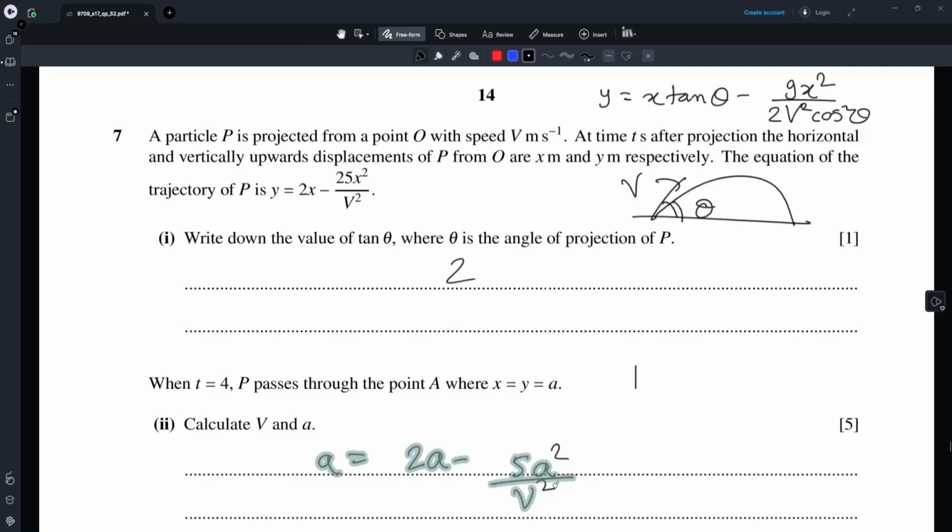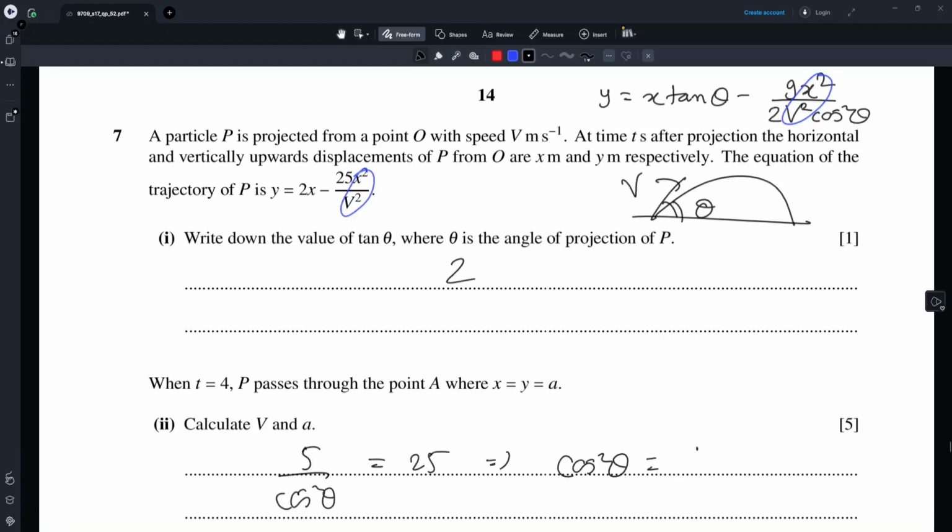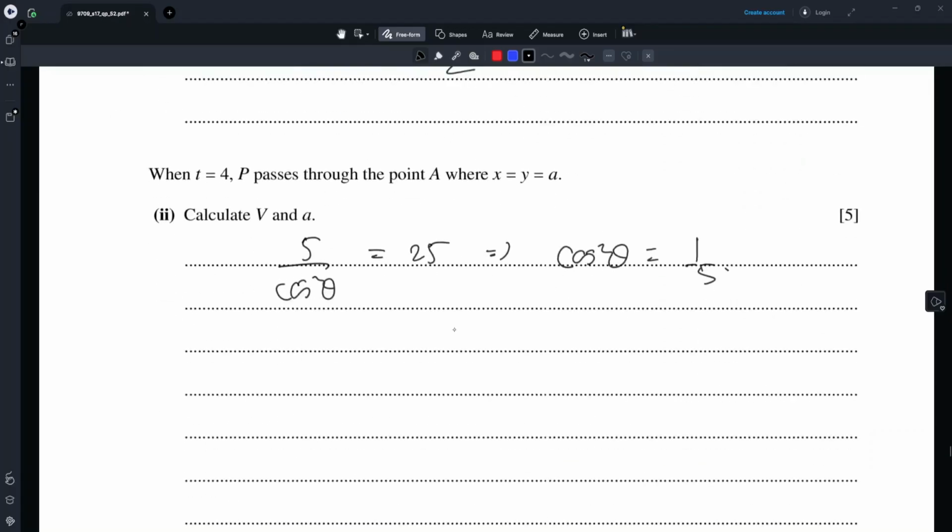If we rewrite this, we have x squared and b squared together. So g by 2 cos squared theta, or 10 by 2 cos squared theta, or 5 by cos squared theta, equals 25. Cos squared theta equals 1 by 5. So cos theta equals plus or minus root 1 by 5.